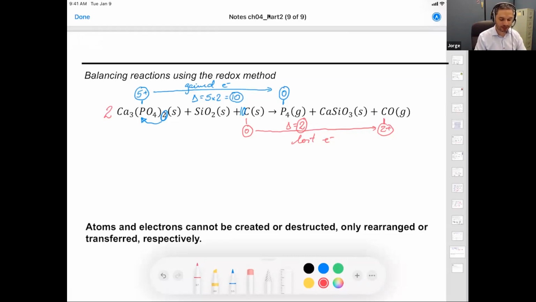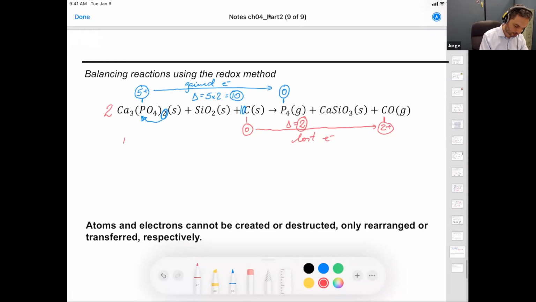And that's the starting point to balance the chemical reaction. To speed up the process here, we are going to have 4 phosphorus on this side, so we have to have 4 on the other side. We have 10 carbons on this side, so we have to have 10 carbons on the other side.